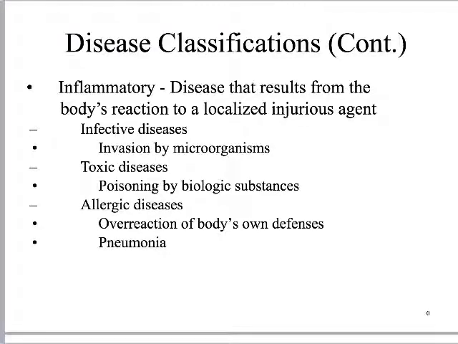Okay, inflammatory. This is the disease that results from the body's reaction to a localized injurious agent. So, inflammation affects a lot of things that go on in the body.